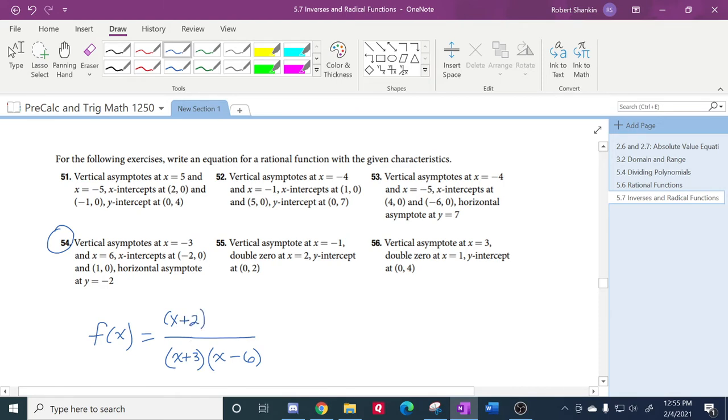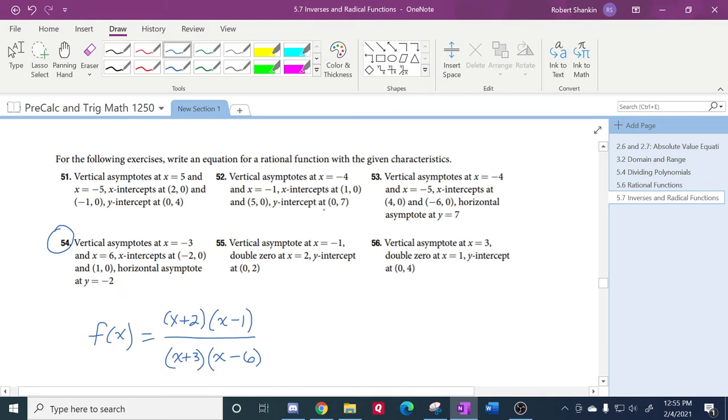So when I substitute -2 in for the x, this becomes 0. 0 times anything will be 0. 0 on the top of a fraction makes the whole thing 0. Another one is when x is 1, it causes f of x to become 0. And it will have a horizontal asymptote at y equals -2.